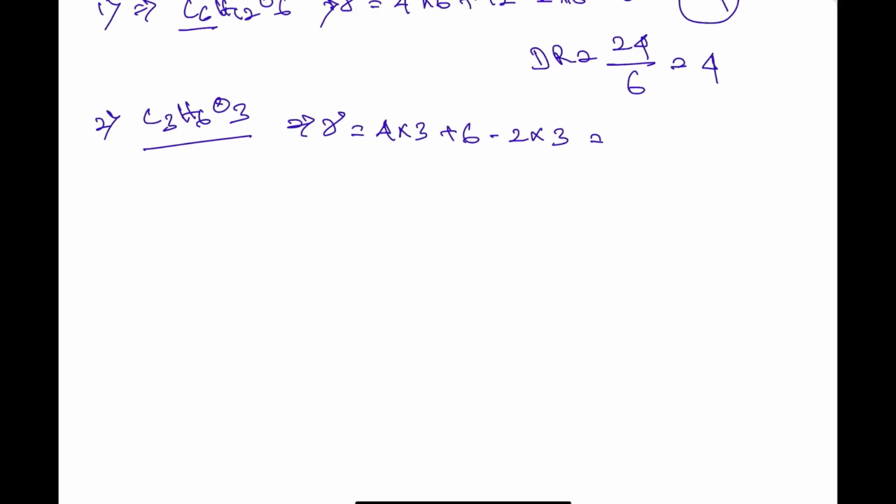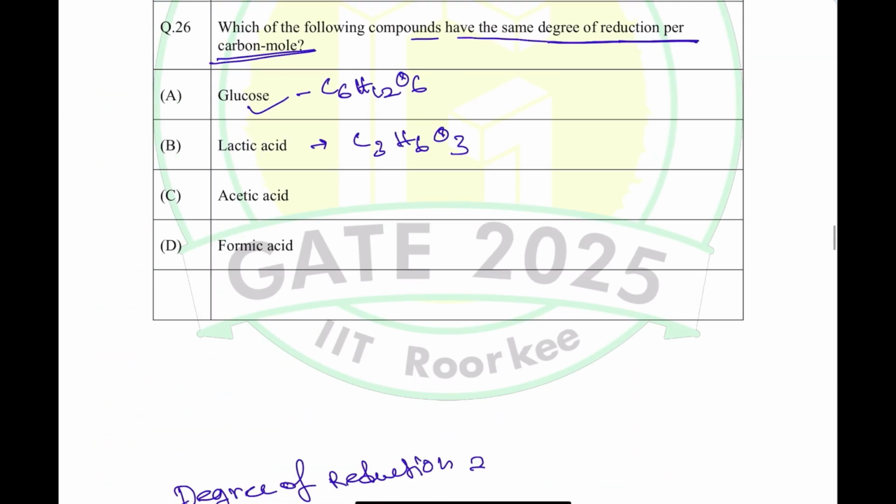So 12 plus 6, minus 6, 12. So here the degree of reduction will be 12 by 3. We get 4.